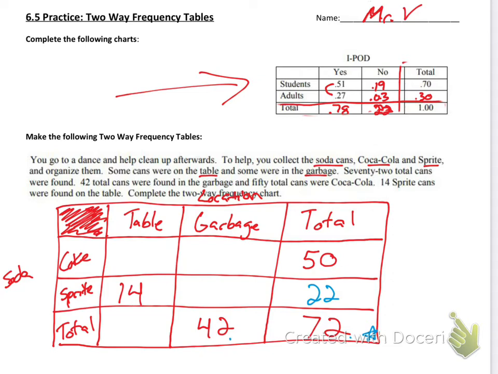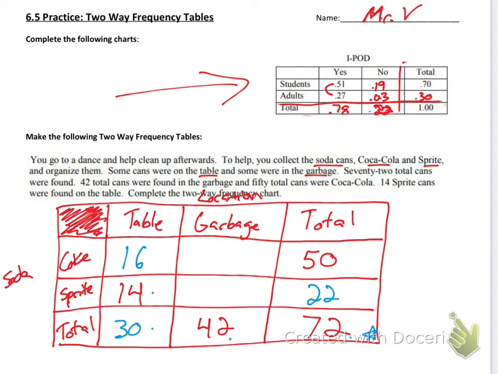So 72 minus 42 is going to be 30. It's kind of like a puzzle that you have to keep following. I know I have 14 Sprite on the table, and there's a total of 30. So there would have to be 16. That's just 30 minus 14.